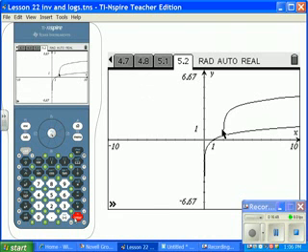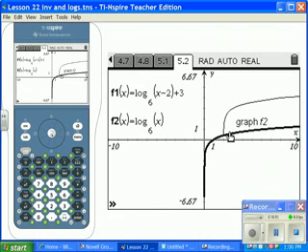There's the original. So I'm going to put the equations of the two up there. Here's my first one. My original is the bolded one. Notice when I subtracted 2 from the x, it shifted my graph 2 units to the left. When I added 3 to the entire logarithm, it shifted it up 3 units. So that is how we transform these graphs.